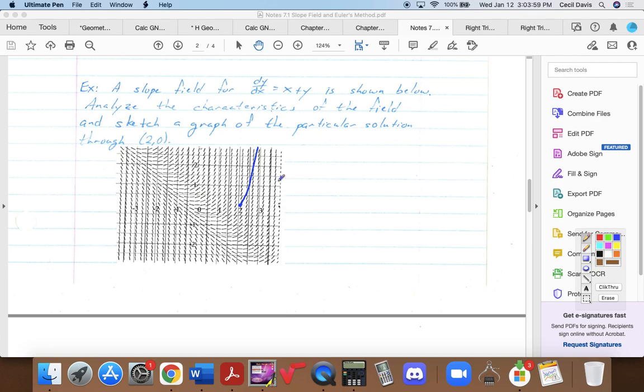As I move to the right, these get steeper. As I move to the left, this kind of flattens out, and then starts getting steeper again. And right in here, I can't get across that line. So it looks something like that.